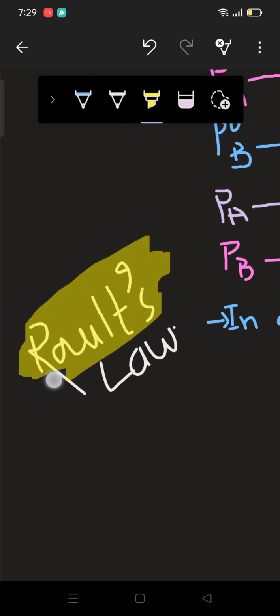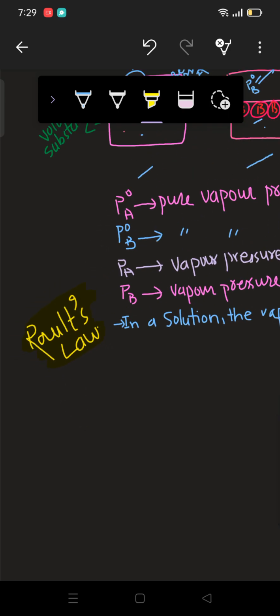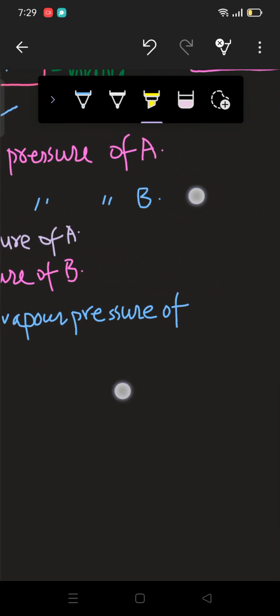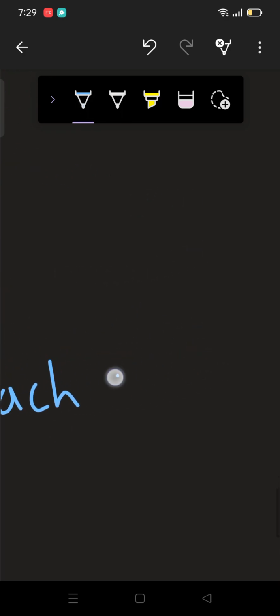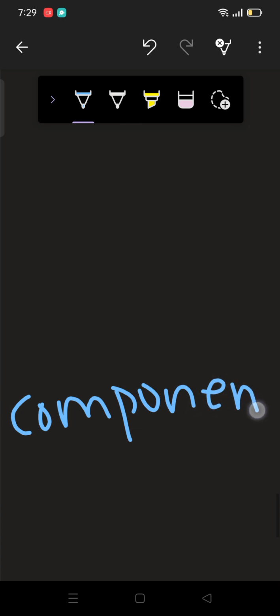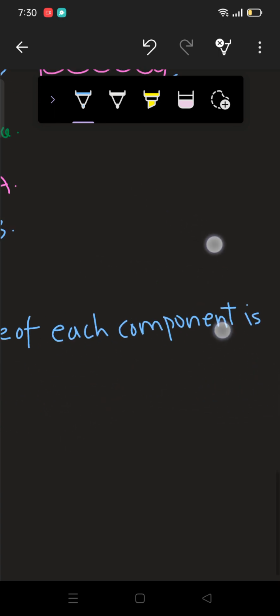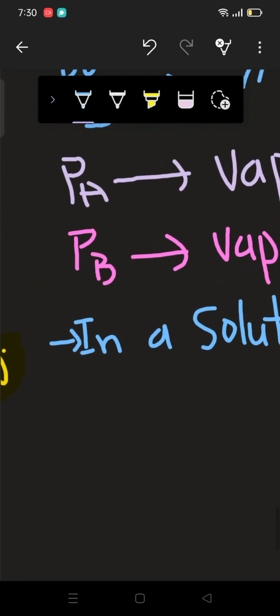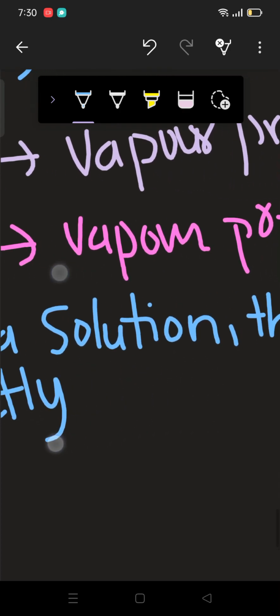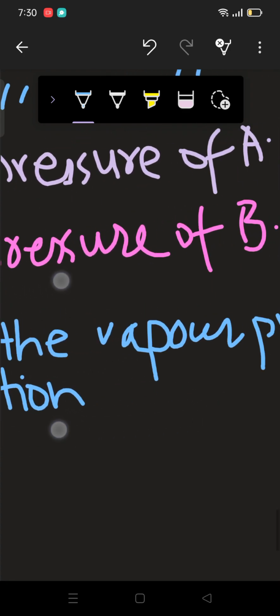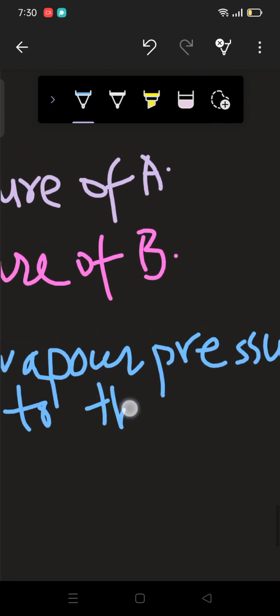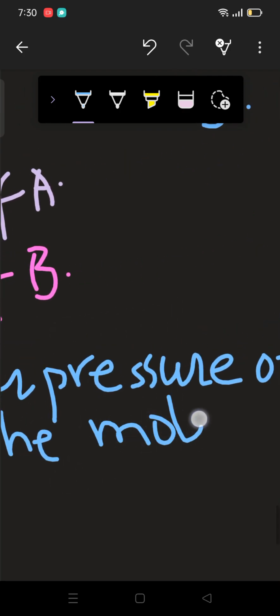What does it say? It says in a solution, the vapor pressure of each component is directly proportional to the mole fraction, and we have already discussed mole fraction in great detail, right?